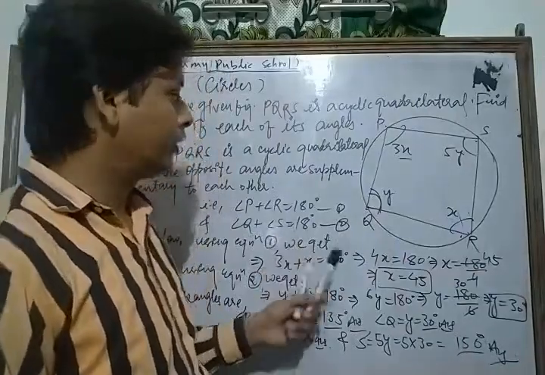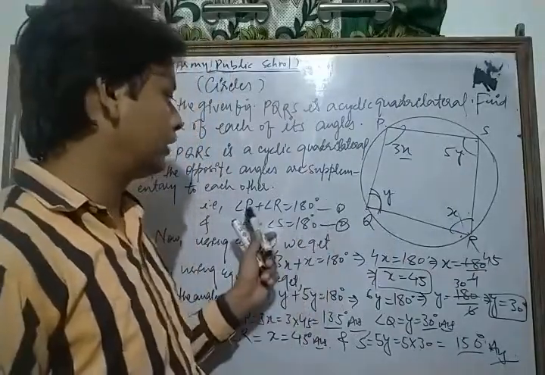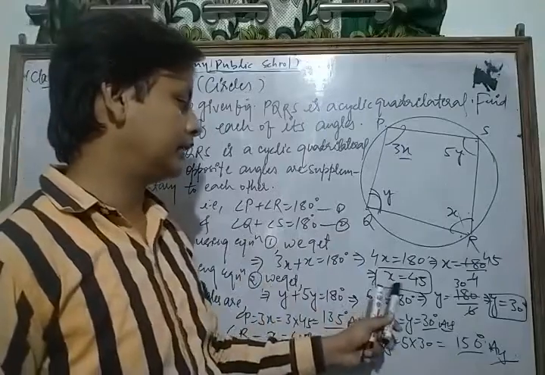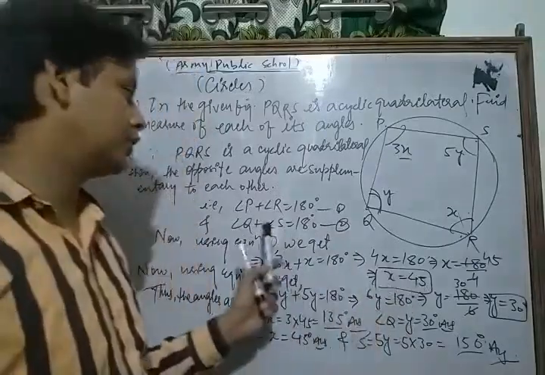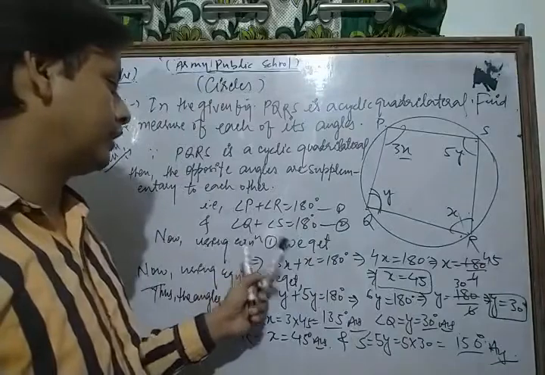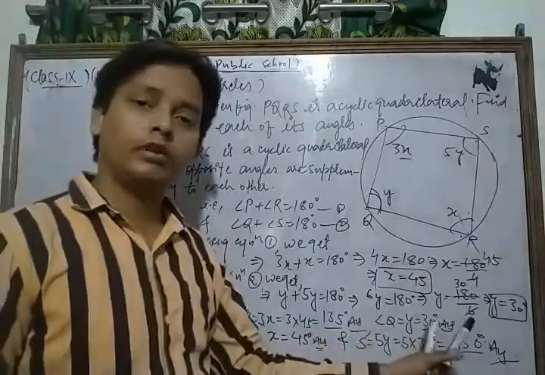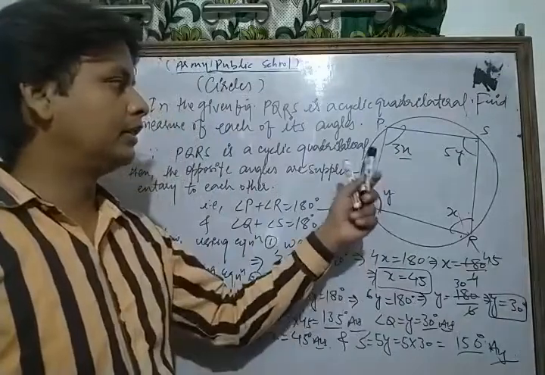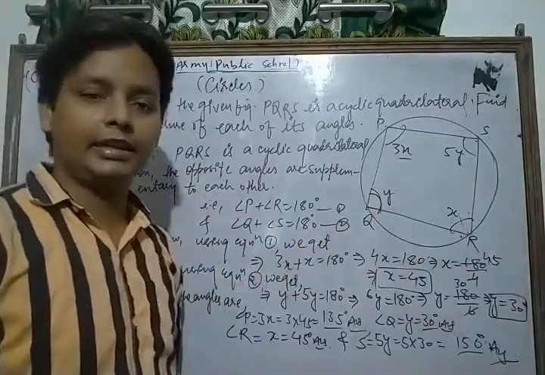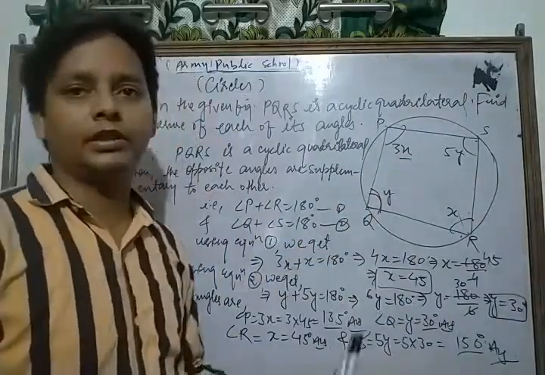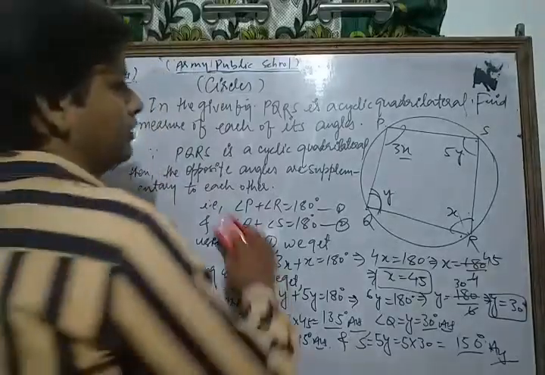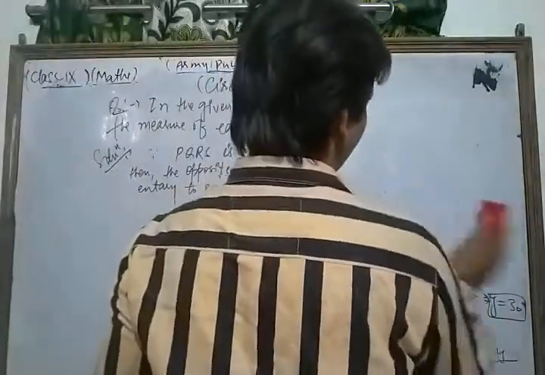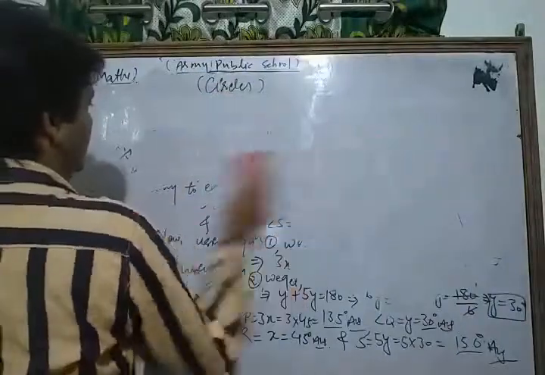Using equation 1, we put the values of angle P and R, simplify, and get the value of x. Similarly we take equation 2, put the values of Q and S, and find the value of y. After finding x and y, we put them in each angle, simplify, and get our result. This is a very important question, dear friends, based on cyclic quadrilateral.